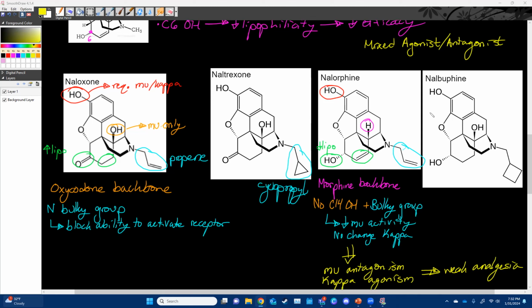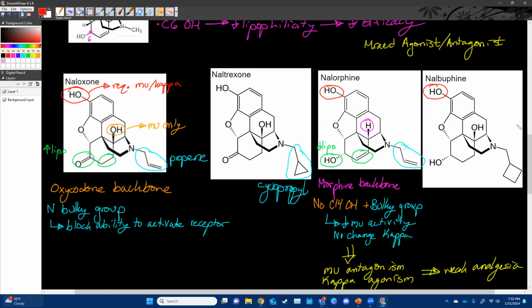So what is the main difference with nalbuphine then? What is going to be nalbuphine's deal? Yeah, a couple of different changes.